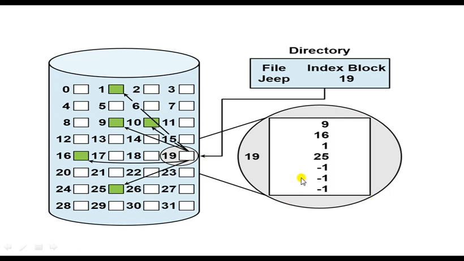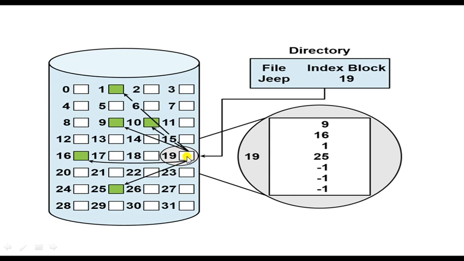Just like your book index. Your book has different chapters, and every chapter is available on a particular page number. On that page number you can directly go and get the content. Just like that, the operating system creates one index file on a particular block.